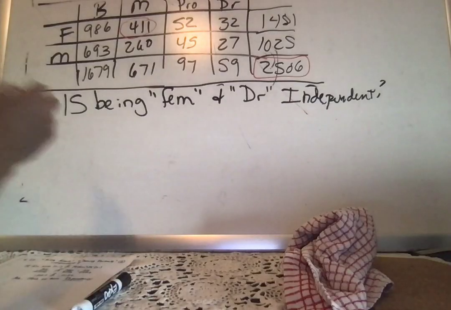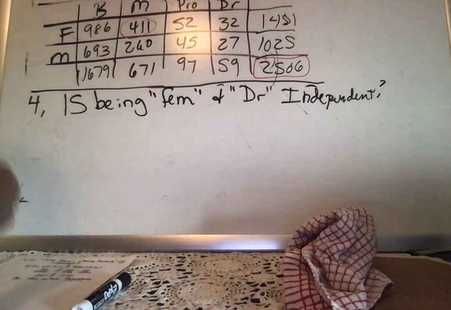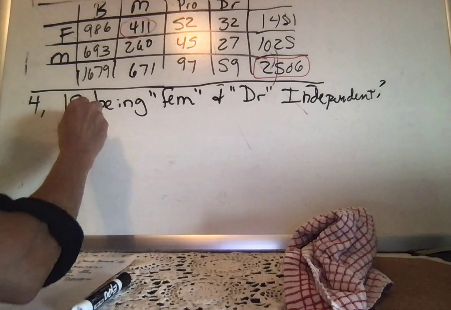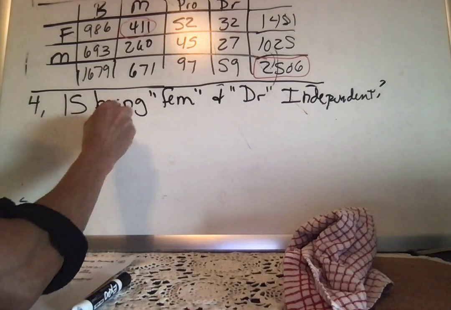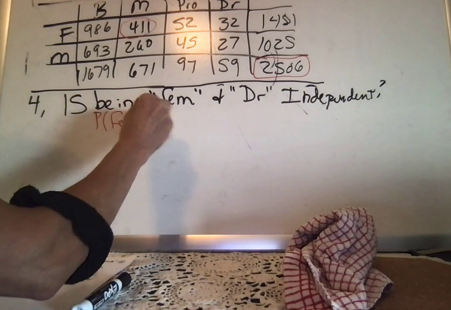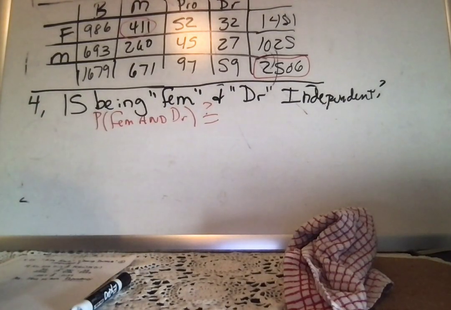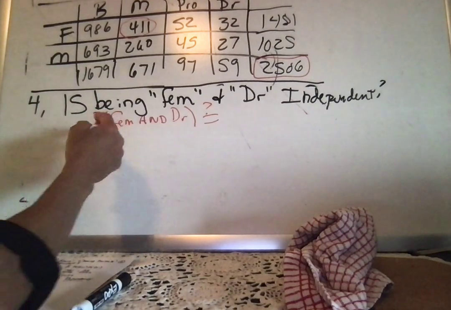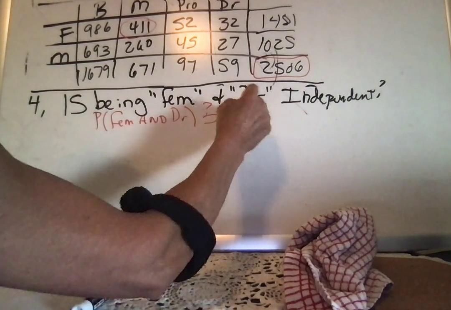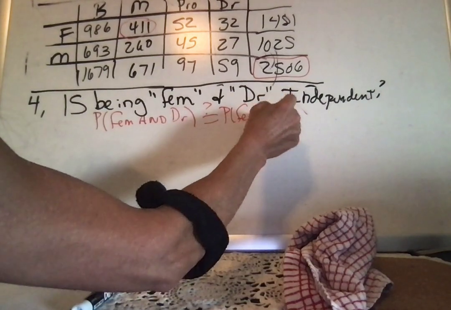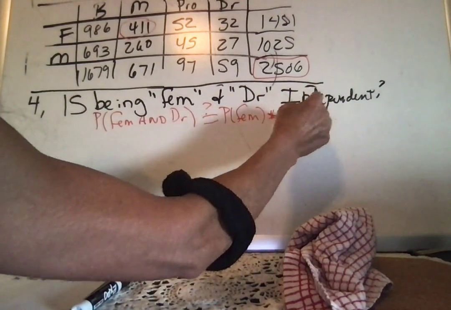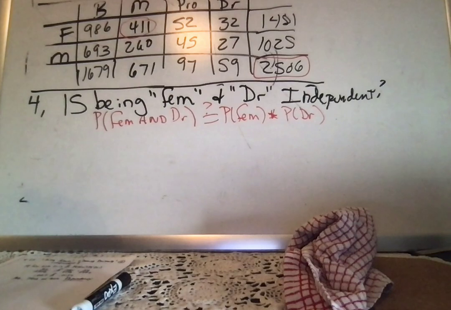What we're going to check is that multiplication rule that I started the video with. I need to check: is the probability of female and doctor, and I'm putting a question mark over my equal sign because I'm trying to figure out if this is a true statement, equal to the probability of female times the probability of doctor?